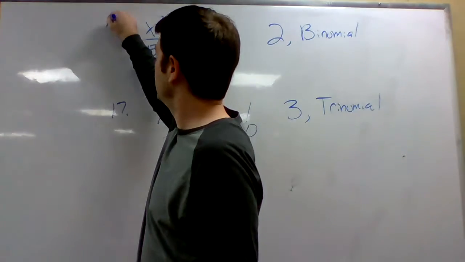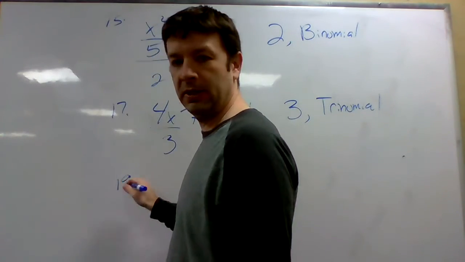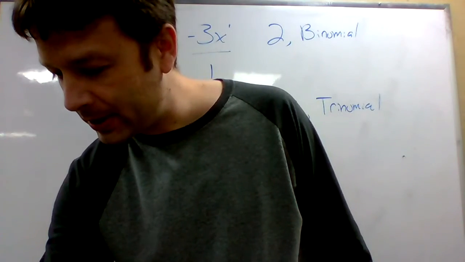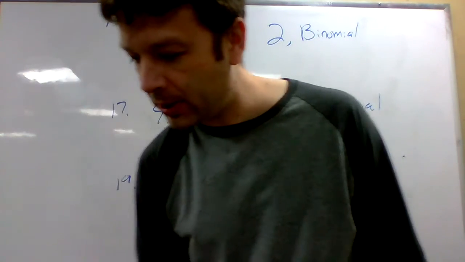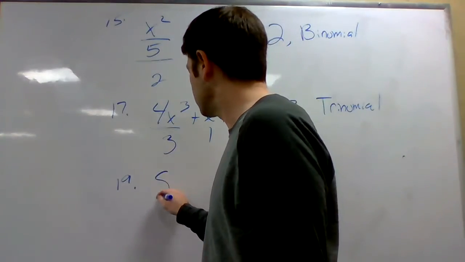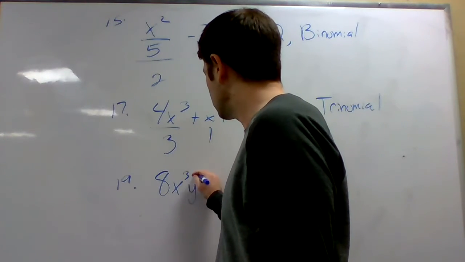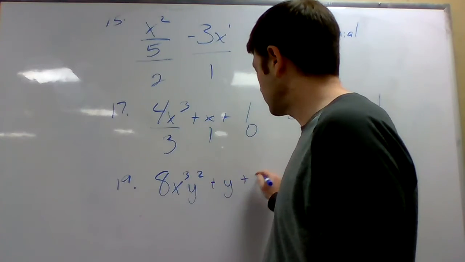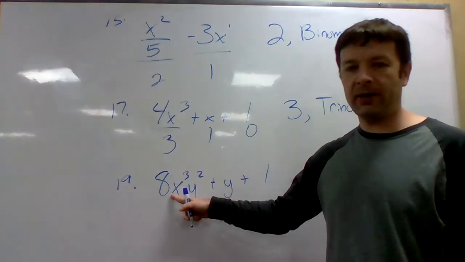Okay, this was 15. This is 19. I don't know if you're going to fit on the camera. All right, 19 is 8x cubed y squared plus y plus 1. What is the power of the first term?